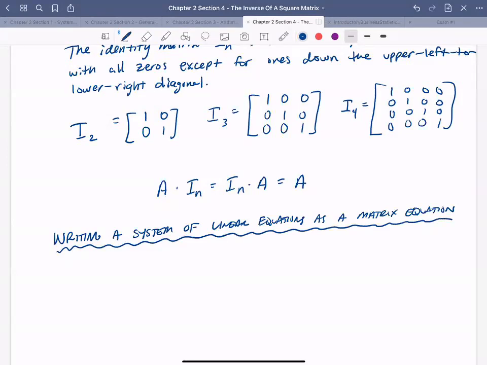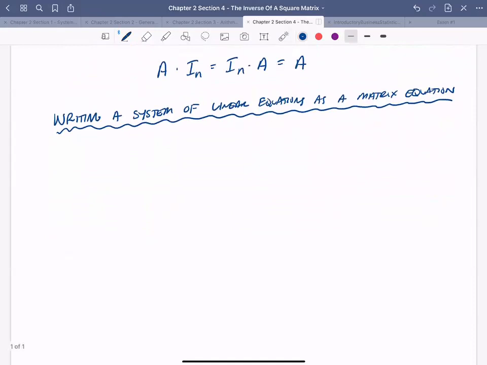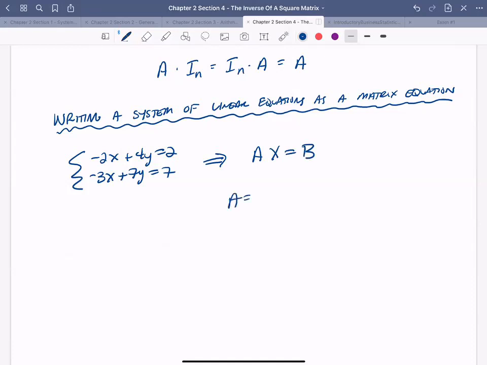It's a little different. If we have the system negative 2x plus 4y equal to 2 and negative 3x plus 7y equal to 7, we're going to look at it like Ax equal to b, where A is our coefficients, so negative 2, 4, negative 3, and 7.